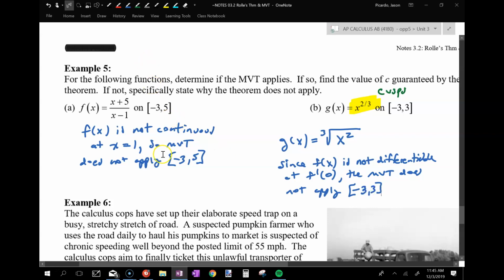And Emma was really awesome because she pointed out that this interval at the end is important. This would apply if it was 1 to 3, wouldn't it? So again, you got to make sure that the issue occurs within the interval and that you state where that interval was.